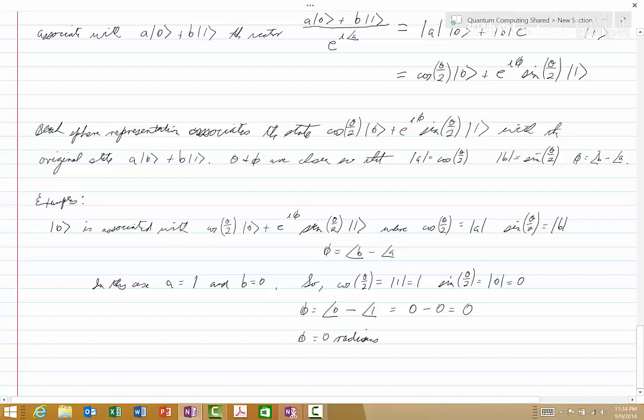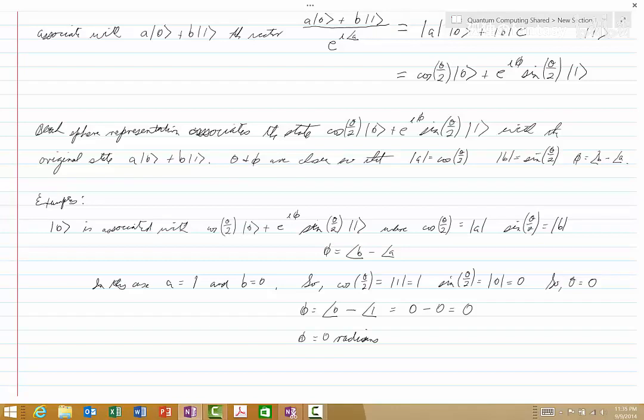And what about theta? Let's come back up here to the information for theta. The cosine of theta over 2 is equal to 1. Then the sine of theta over 2 is equal to 0. And so we have that theta is equal to 0. Theta is in the range from 0 to pi, and phi is in the range from 0 to 2 pi.